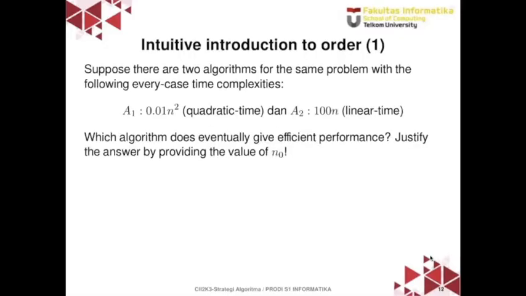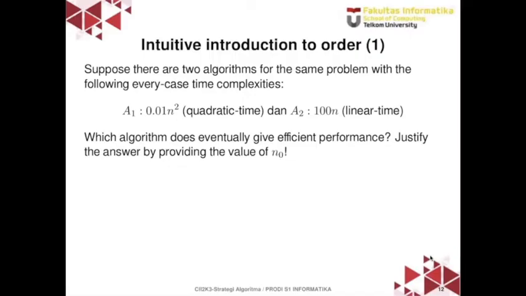Order of growth. Intuitively, if we have two algorithms, for example, one has quadratic time complexity and the other has linear time complexity, which algorithm eventually gives efficient performance? Justify the answer by providing the value of n0.